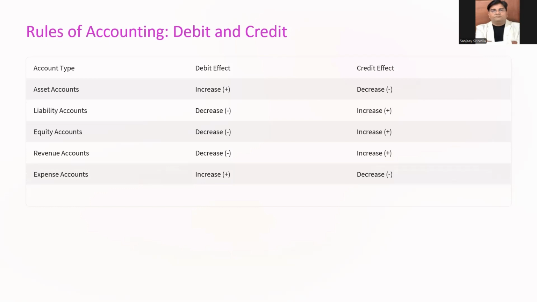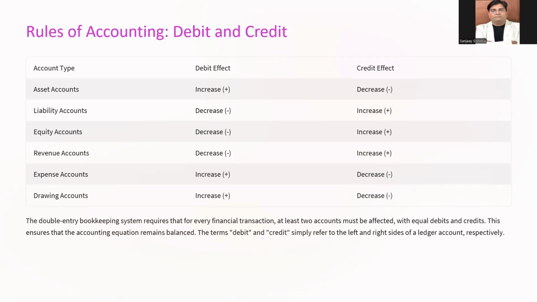When there is a decrease in expense, the account is credited. And finally, we have the drawings account, and the drawings account is treated exactly the same way as the expense accounts. So if there is any increase in drawings, it is debited, and if there is a decrease in drawings, it is credited.